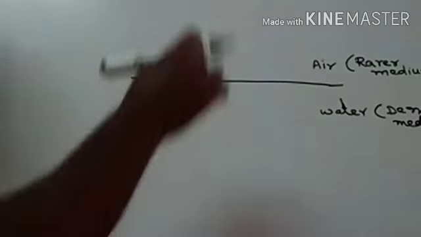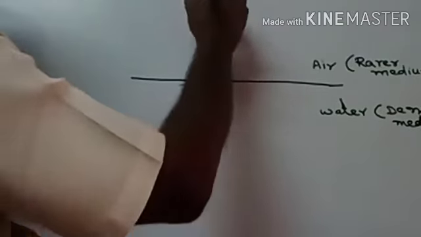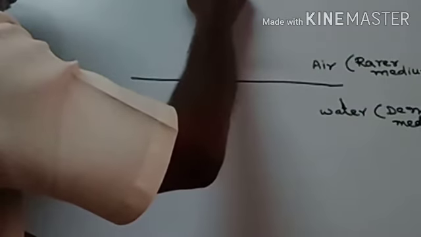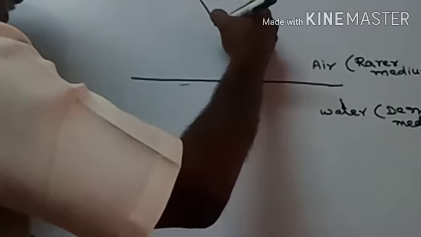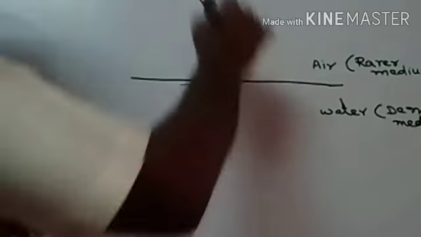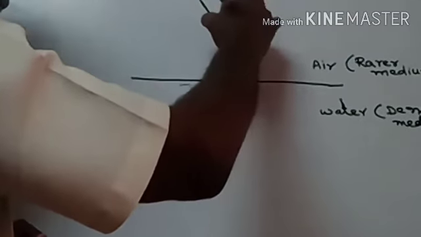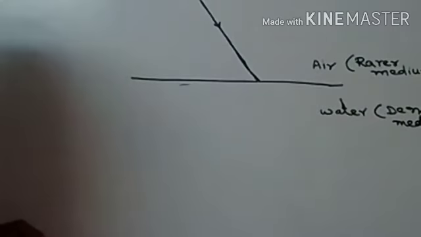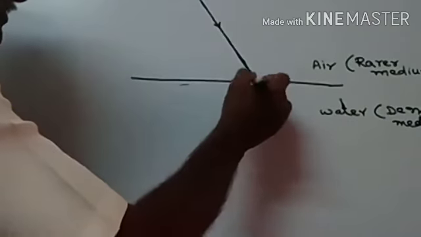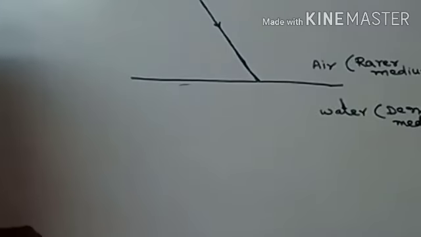Imagine from this air, one light ray entering into the water. How does it enter? This is a light ray. This light ray passes through the air, touching the surface here. After touching the surface, it enters into the water, the under medium.